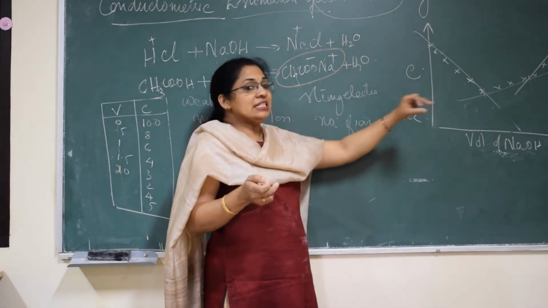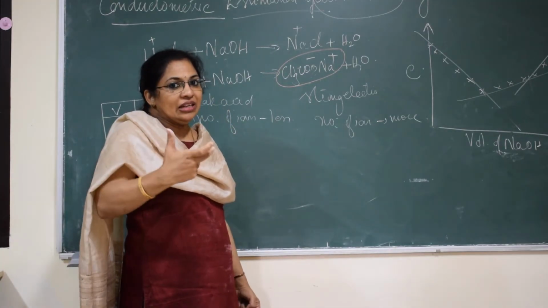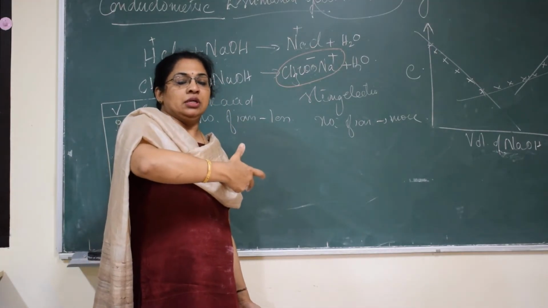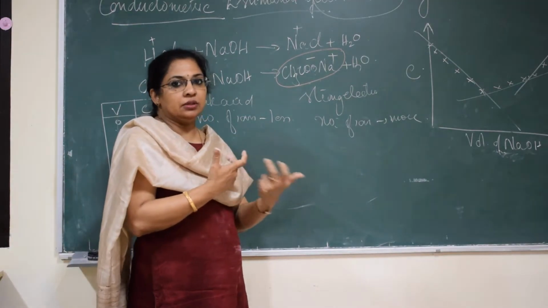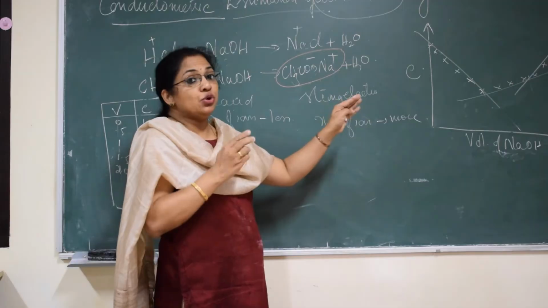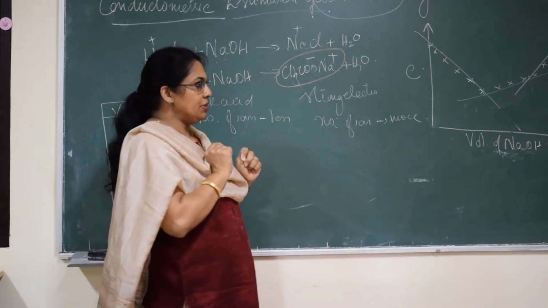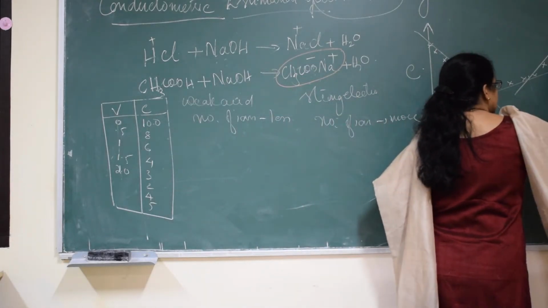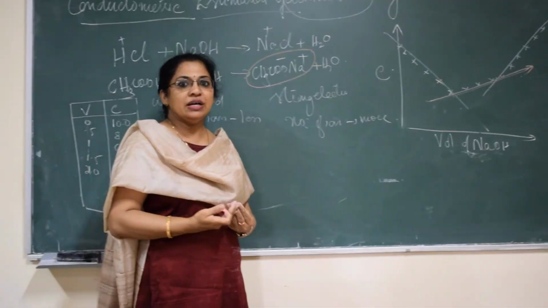That's why we can see a small rise in conductance, because the number of ions is increasing, but the size of ion is also increasing. Because of these two countering factors, there is not a deep increase, but only a slight increase. And this second line represents the neutralization of acetic acid.